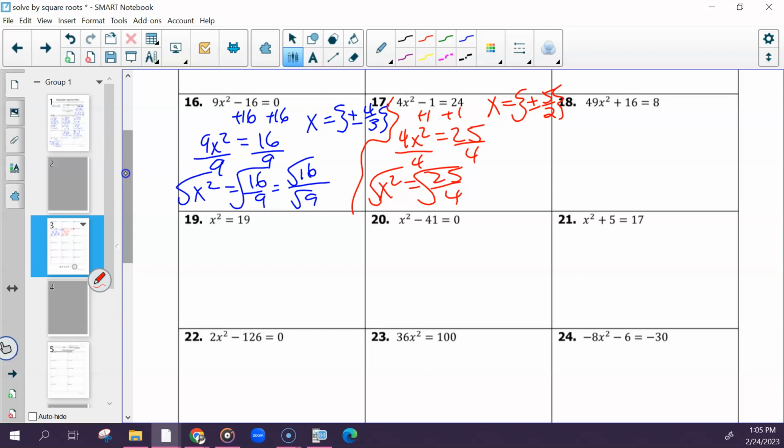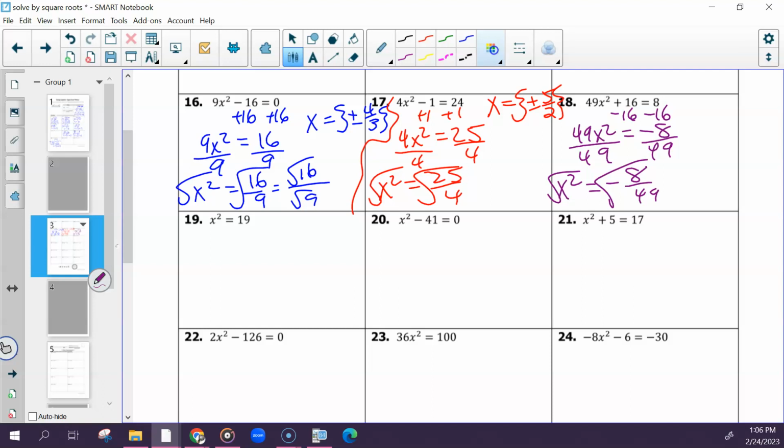Alright, so for this one, subtract 16. Divide both sides by 49. What would that solution be?